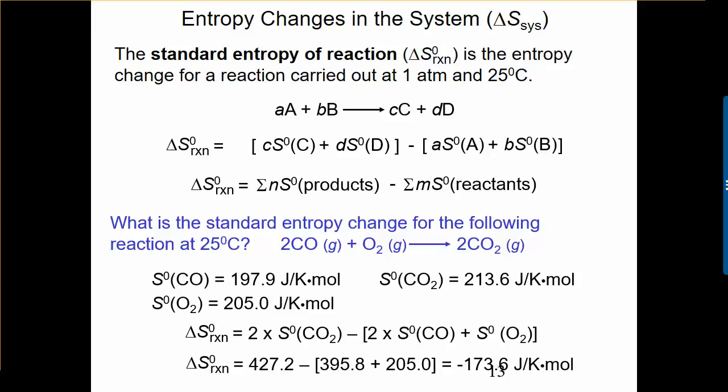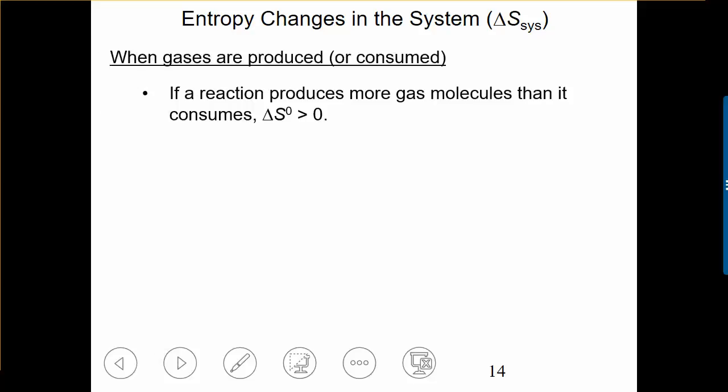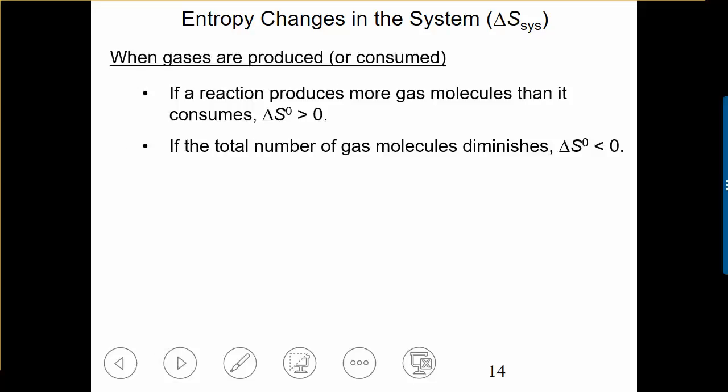Is that what you would presume here? Going from 3 moles of gas to 2 moles of gas is a decrease in entropy. That's what we would assume would happen, and it is. If a reaction produces more gas than it consumes, delta S is going to be greater than 0.